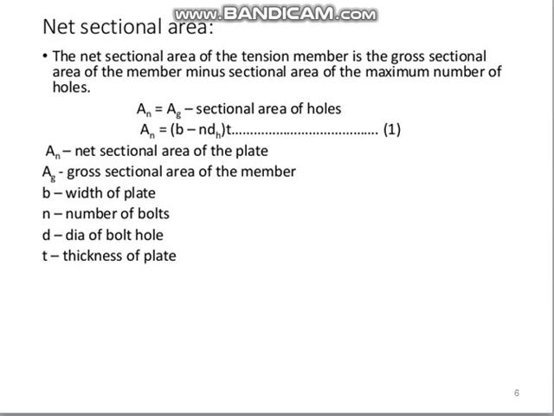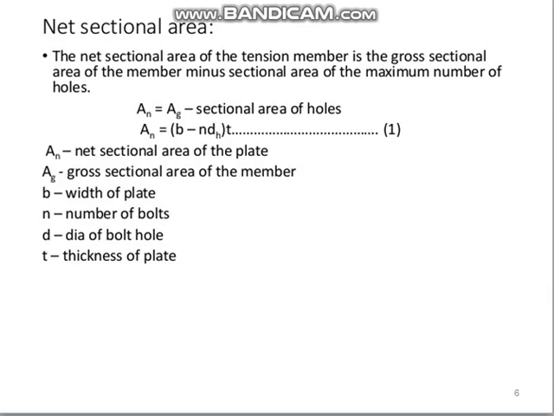To solve problems, we need to remember some terminologies. First one is net sectional area. The net sectional area of a tension member is the gross sectional area of the member minus the sectional area of the maximum number of holes. That is, AN equal to AG minus sectional area of the holes.